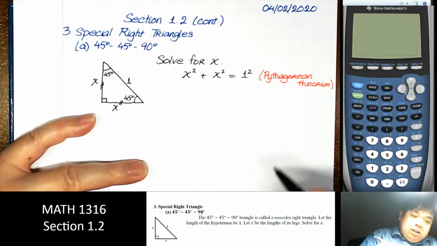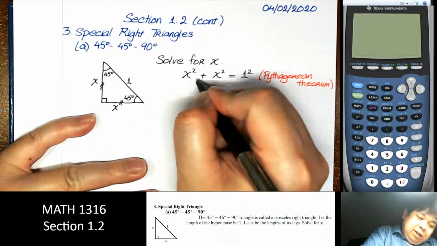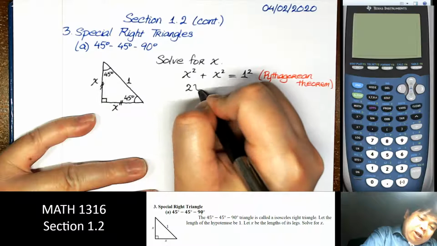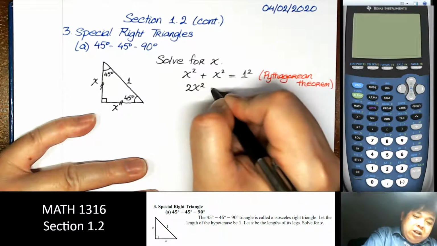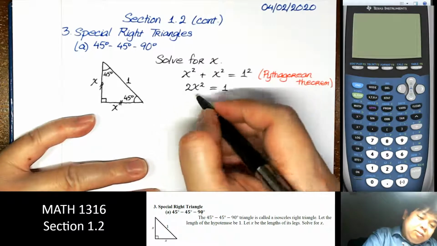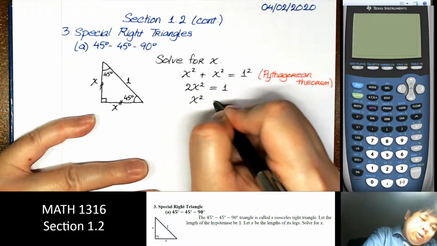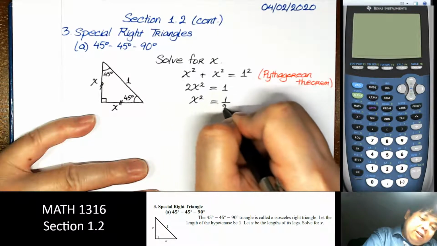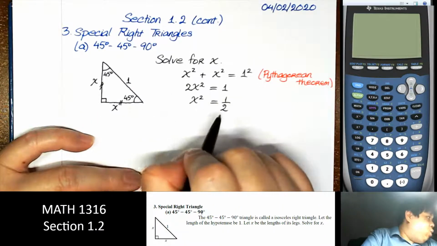And we just solve for x. x squared plus x squared is 2x squared. 1 squared is still 1. Divided by 2 on both sides, x squared is equal to 1 half. And then take the square root on both sides.